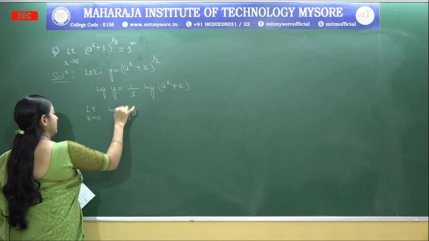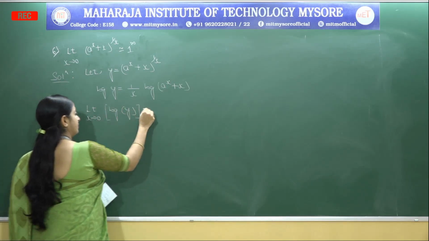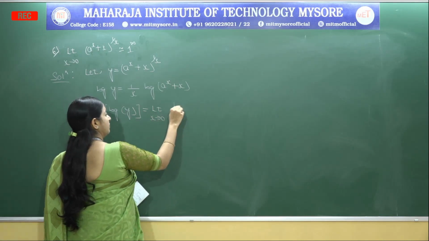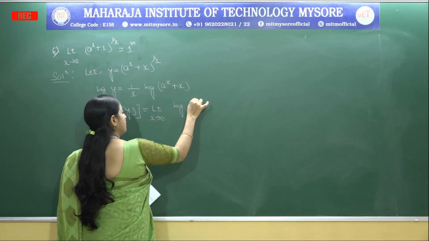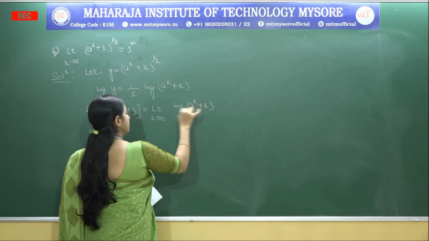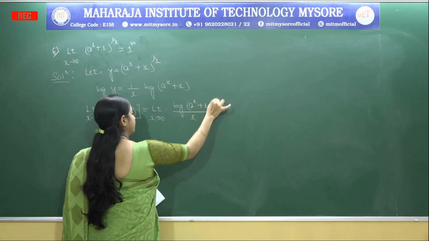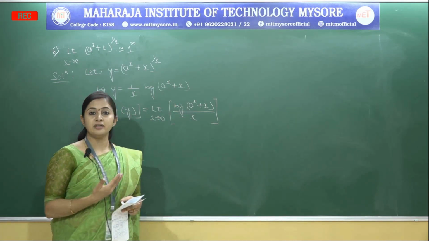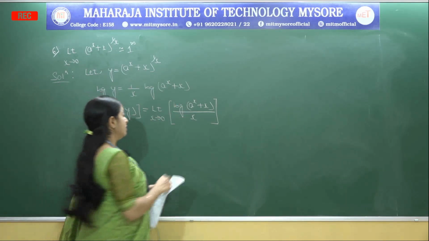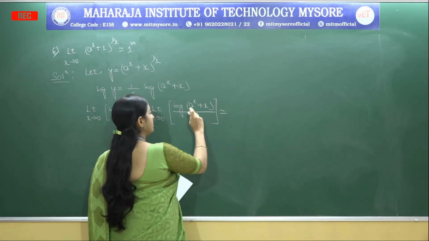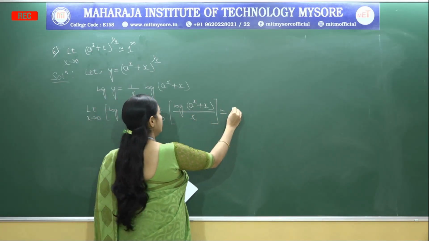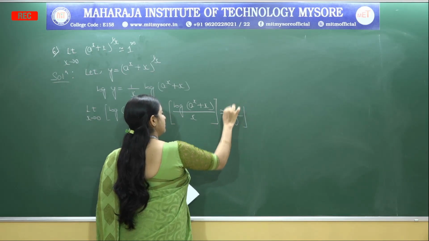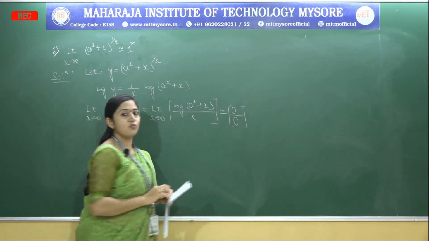Log y limit of x tends to 0 log a power x plus x divided by x. Then apply the limit as x tends to 0 again. For the numerator, a power 0 is 1, log 1 is 0, denominator is also 0. So it is 0 by 0 form.